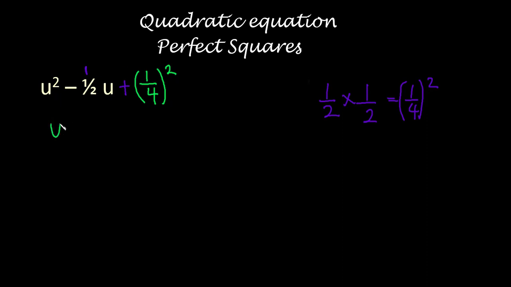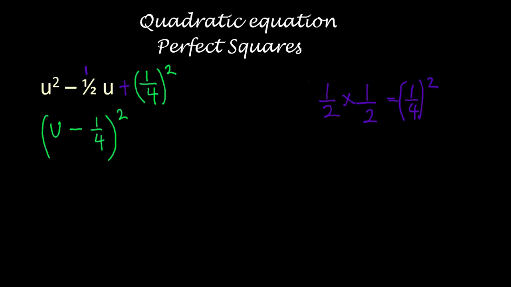You pick the sign that is in front of the 1 over 2u: u minus 1 over 4, everything squared. So we pick the u that has the square, 1 over 4 that has the square, so u minus 1 over 4 squared. So this is the square root of this.